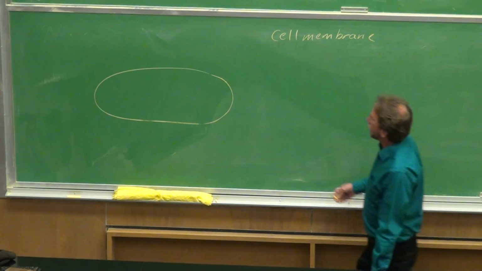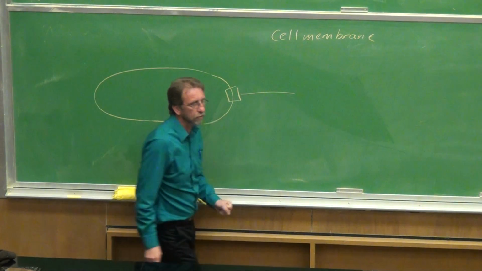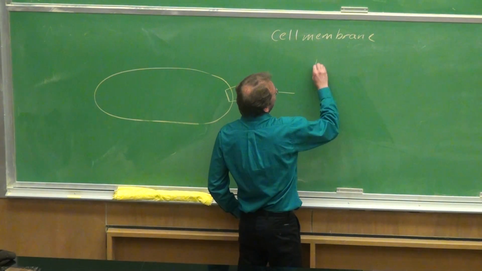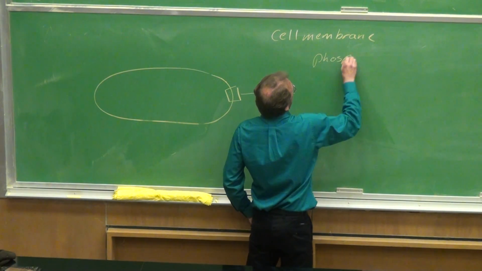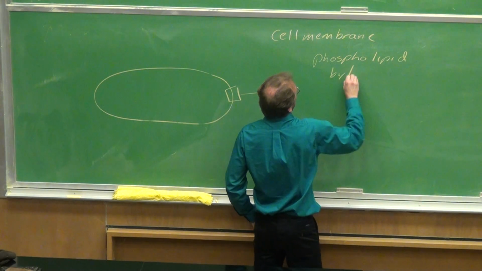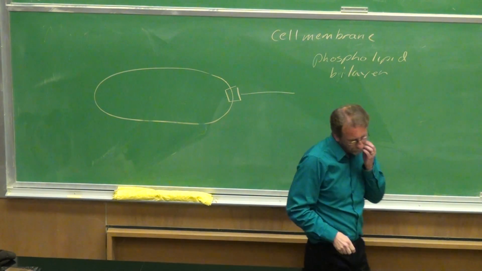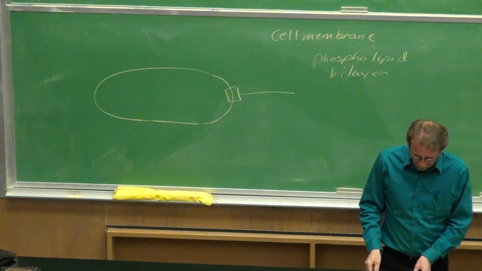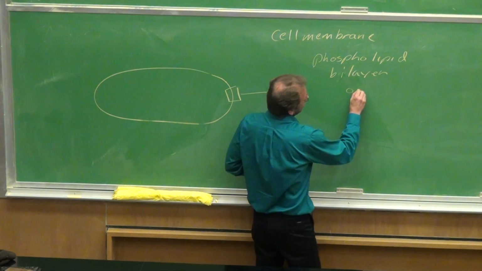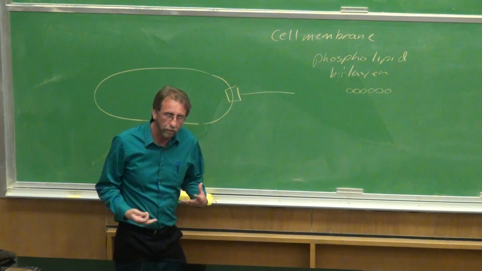And when we look at its structure, when we look at the cell membrane, we see that it's composed of a phospholipid bilayer. What that means is that we actually have two leaflets, if you will, that make up our membrane.